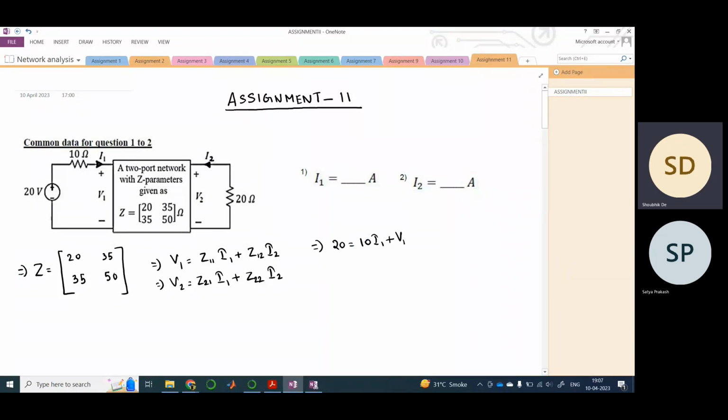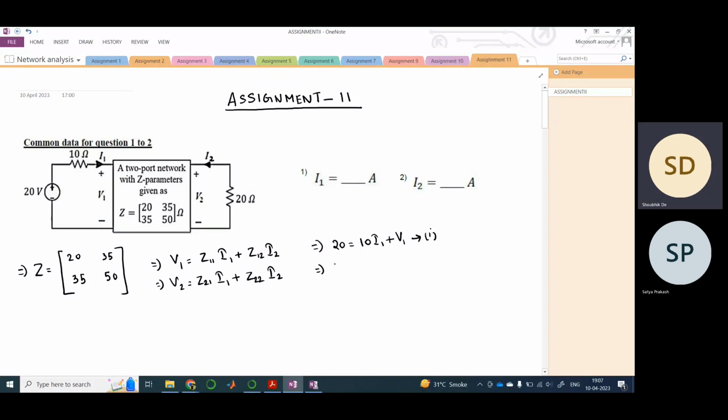Because we have a voltage source of 20 volt here and a resistance connected, a current would be flowing which would cause a voltage drop of 10 I1, and then we have the potential across this Z two-port network, which is V1. Let us call this equation number 1.